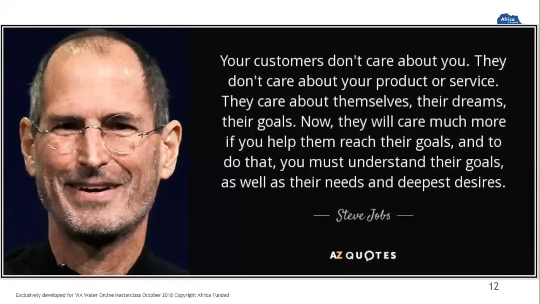What is it that our customers are looking for and how do we help them? Often we start with that question, but then we start designing a product or service and we become so focused on the product and service, wanting to make it good, wanting to make it perfect. We're quite focused on the inside of the company and not on the outside. I heard that Steve Jobs was most of the time outside with his customers, talking to them.